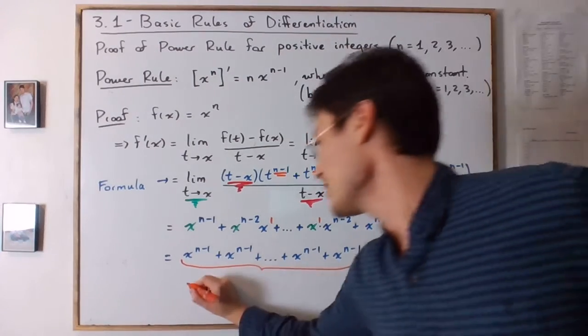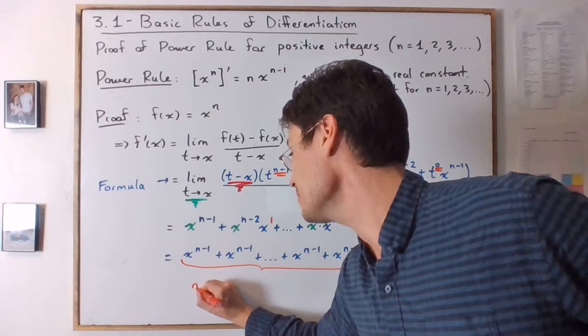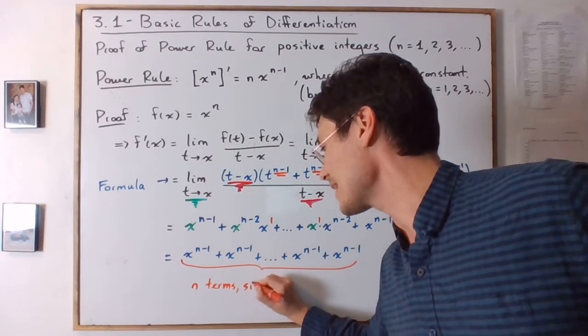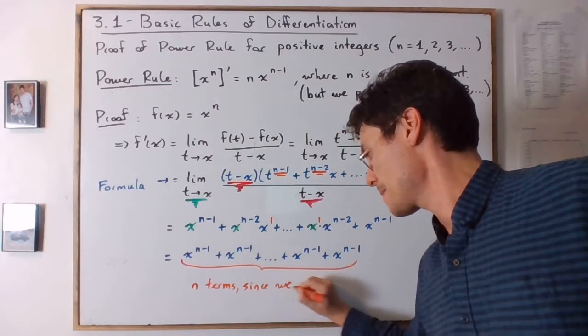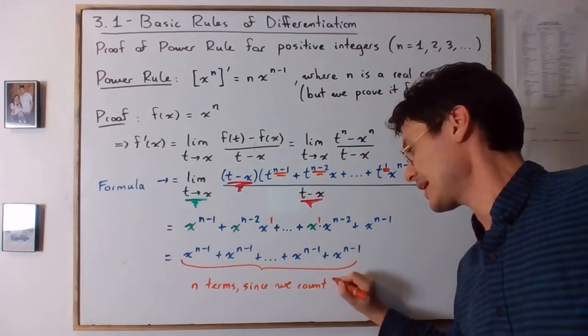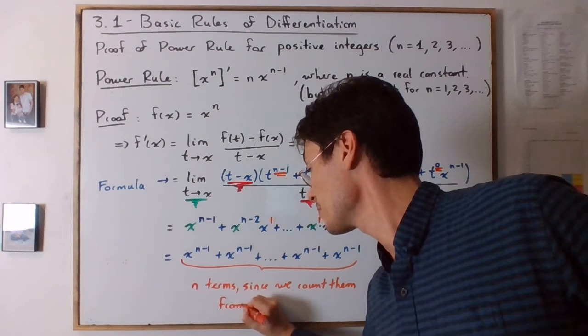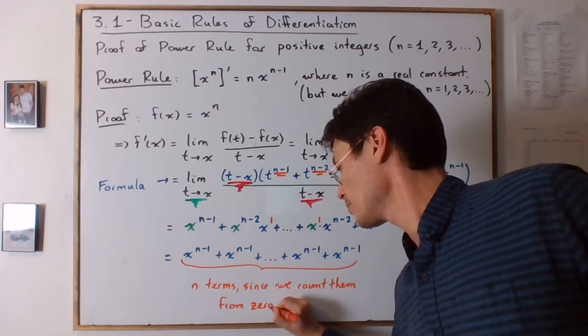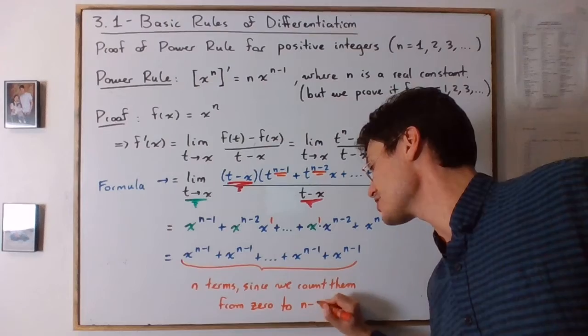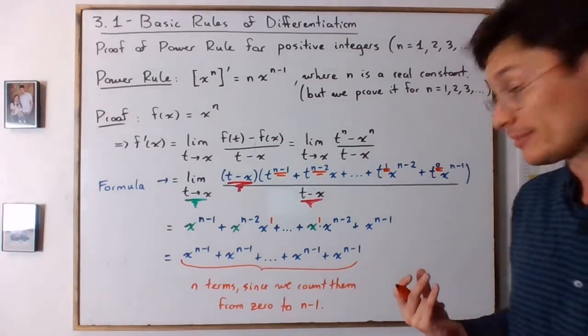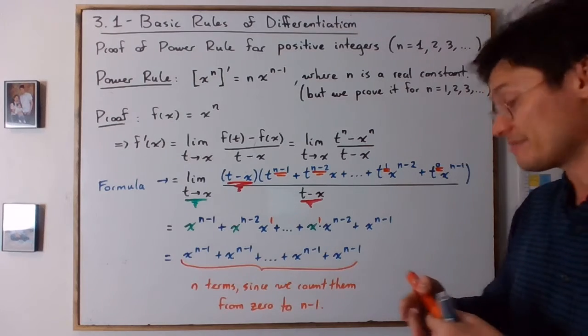We have here n terms, since we count them from 0 to n minus 1, which means that we include 0 in our count. That's why we have n of them.